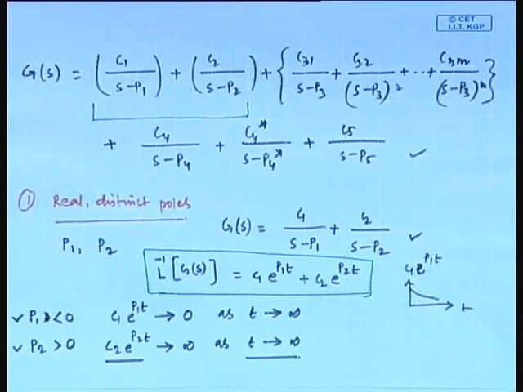So, we can say that if a system has the pole in the left of the imaginary axis, then the system is decaying to 0, that means the system is stable, and if the pole is greater than 0, it is growing exponentially towards infinity, that means the system is becoming unstable.